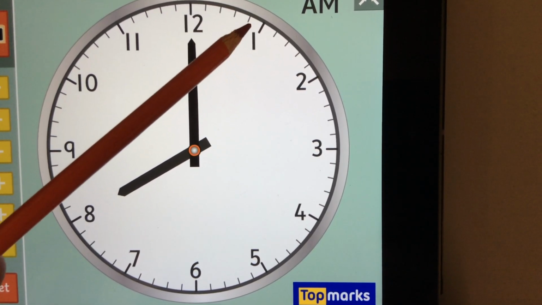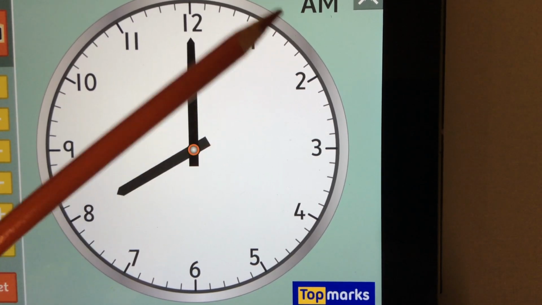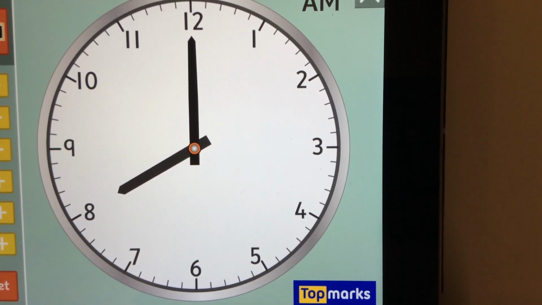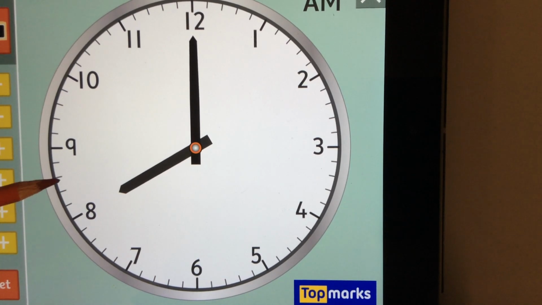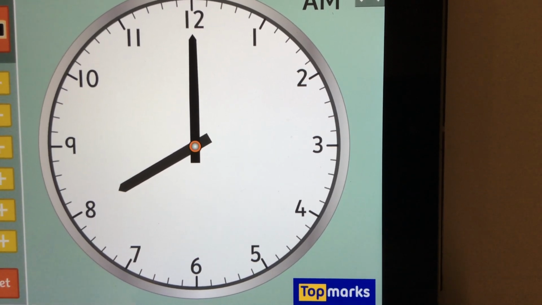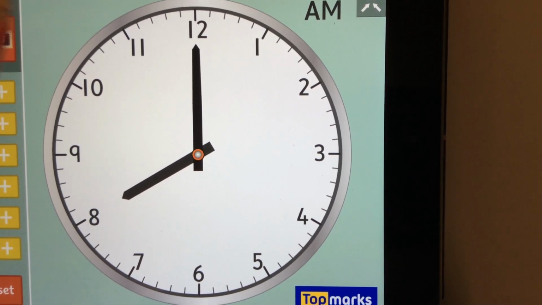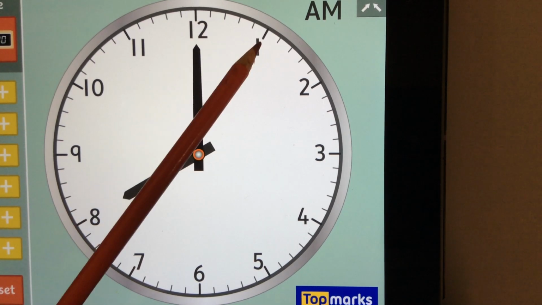Let's go to the next one. 1, 2, 3, 4, 5. 5 minutes again. Let's go somewhere else random and check it, and let's try over here. Okay, we'll go 1, 2, 3, 4, 5. It does appear that all those different sections have 5 minutes in each one. So you know that in between there and there is 5 minutes.